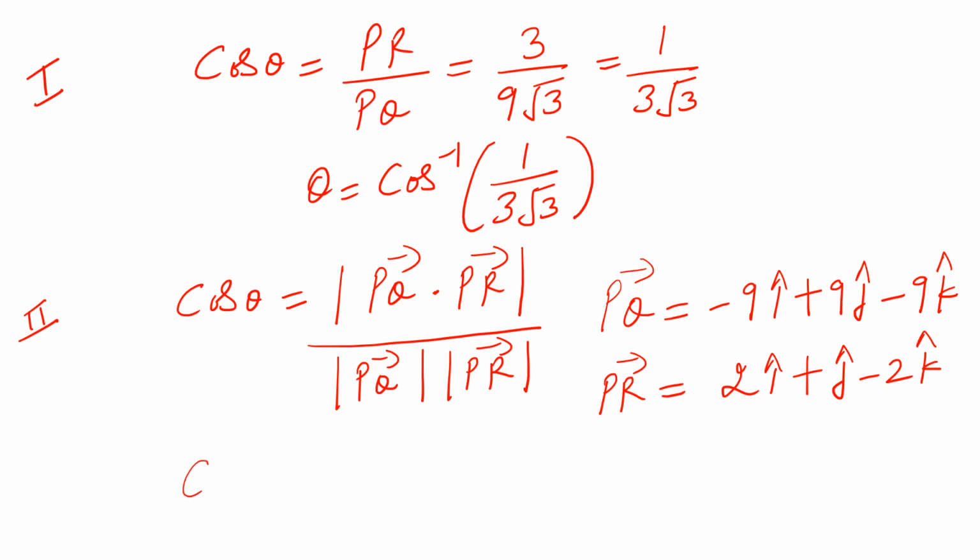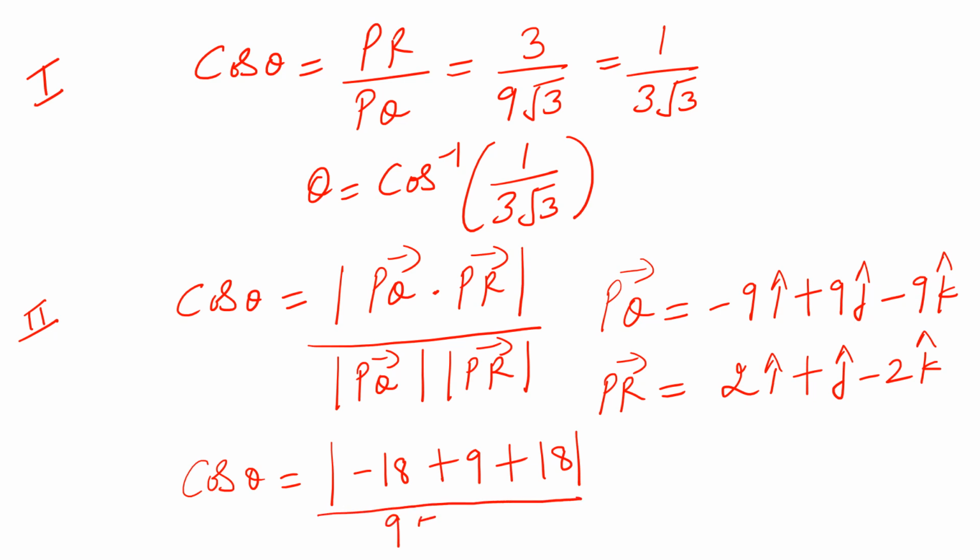So that means cos theta is equal to mod of minus 18 plus 9 plus 18 whole divided upon mod PQ is 9 root 3 and mod of PR is 3. So this becomes equal to 9 upon 9 root 3 into 3.